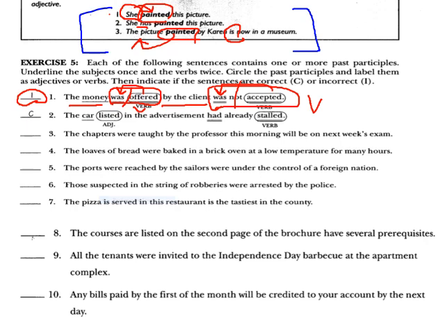Fine. Now let's go to sentence number 2. The car listed in the advertisement had already stalled. Fine. Now the car is the subject, listed, okay, ed alone without verb to be or verb to have, and here it describes the car. Okay, so the car is listed. The car doesn't list. So the car is not the doer of the action, so we don't consider listed as simple past.